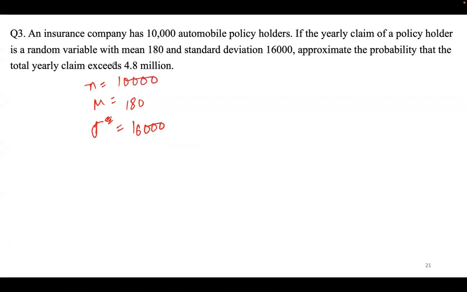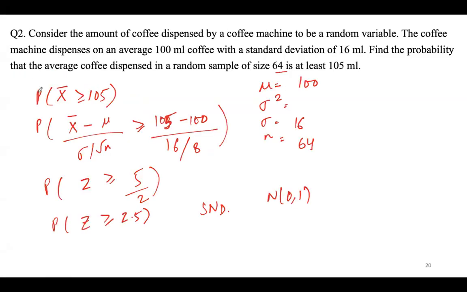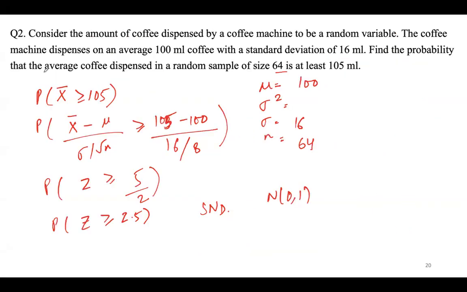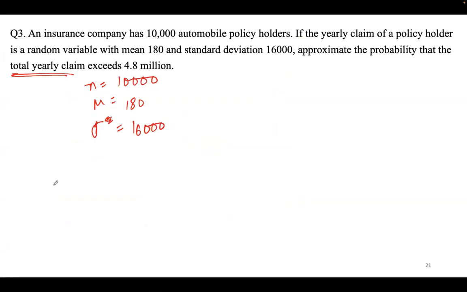So the probability that the total yearly claim exceeds 4.8. So this is the important bit. Here it's saying total. So now you would not be calculating average like we did. In the previous one, we did average. But now in this case, we are going to do it for the total thing.